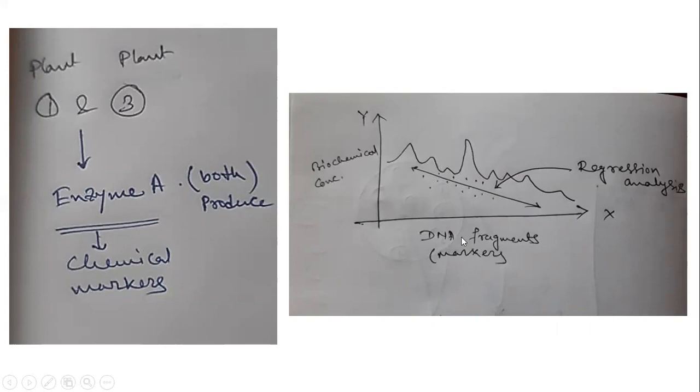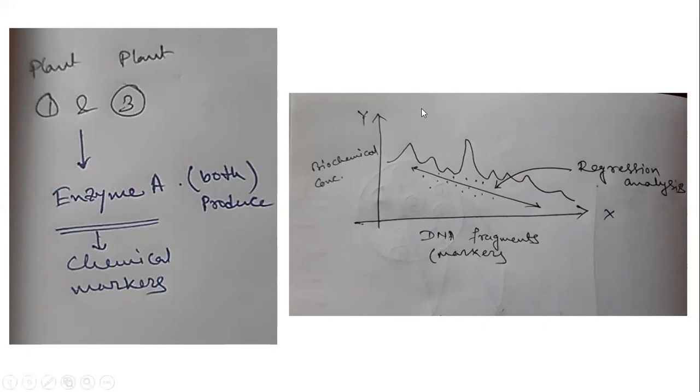If I analyze these data with a statistical process known as regression analysis, various types of regression data can be found, and from those regression data we can correlate the chemical markers and the molecular markers. This is a key step for quantitative trait locus mapping.